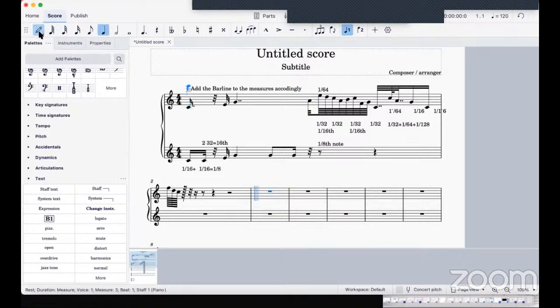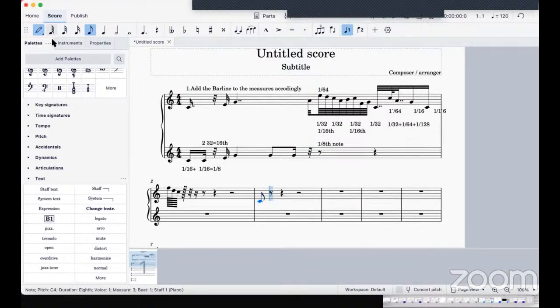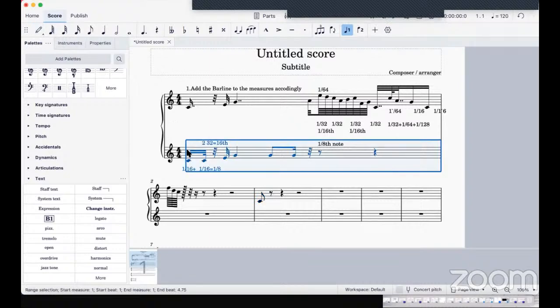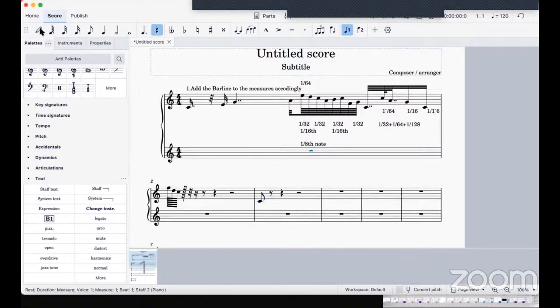This first here is this 1/8 note. I'm going to write here.